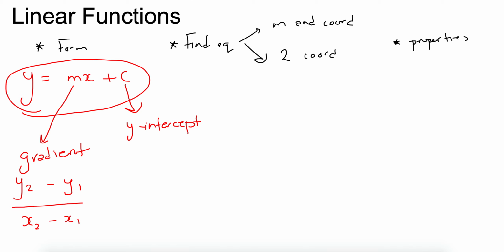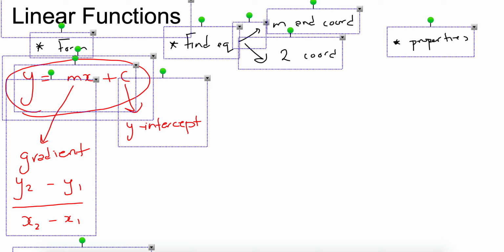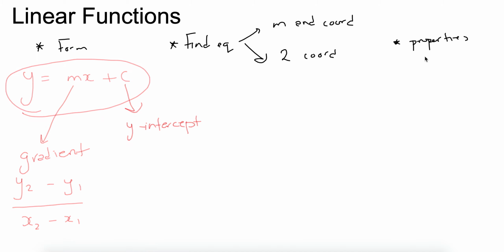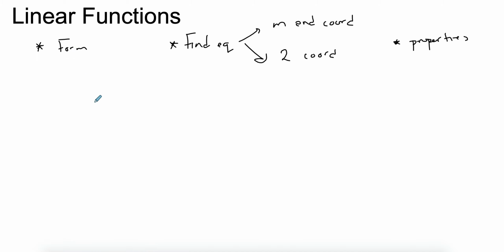Now there are a couple of things that you should essentially know. One of them is how to find these equations. And there are different ways, so I'm going to focus on y equals mx plus c first. Two possible routes to find the equation of the function is if they gave you the gradient and 1 coordinate.